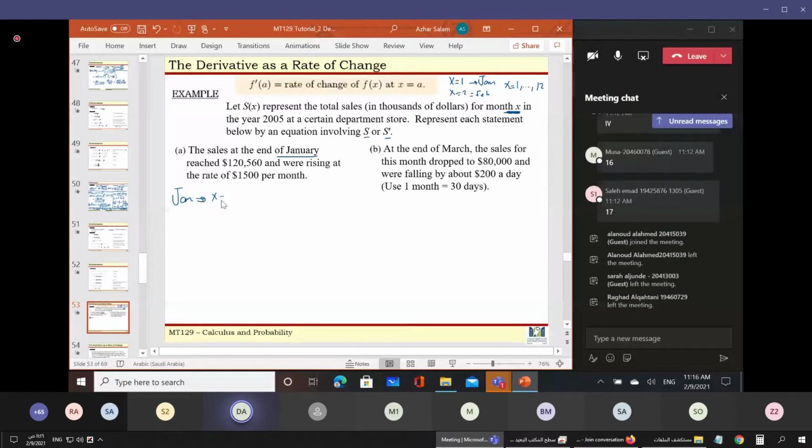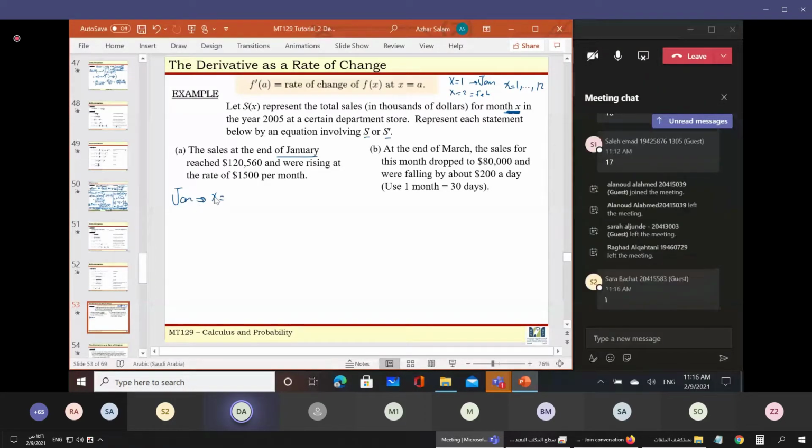If I'm talking about January, so X will be, what's the value of X? We said that the value of X is the number of the month. Since January is the first month in the year, yes, X will be 1.